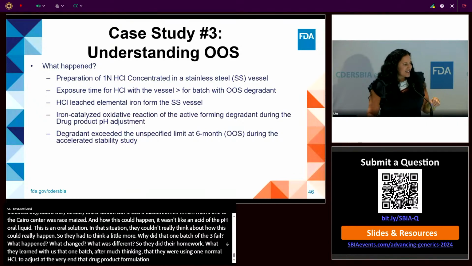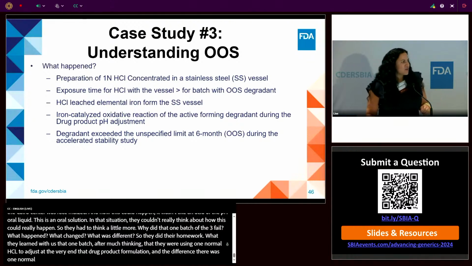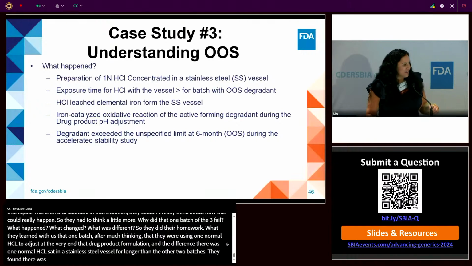And the difference there was the one normal HCl sat in a stainless steel vessel for longer than the other 2 batches. They found that there was iron being leached out of the stainless steel vessel into this acid that is now going to be used for the drug product formulation.